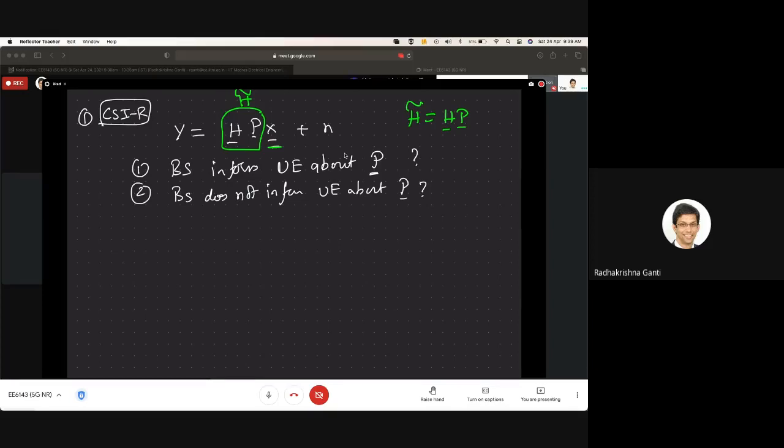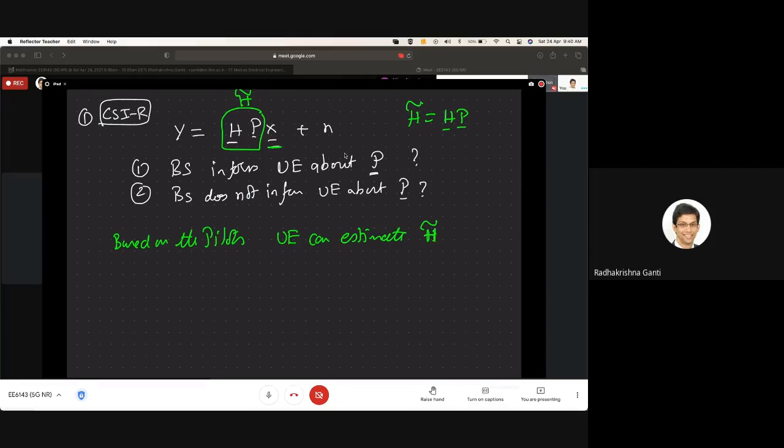So what generally happens is, based on the pilots, the UE can estimate H tilde. I will come to how it estimates H tilde, but let's now assume that it can be done.